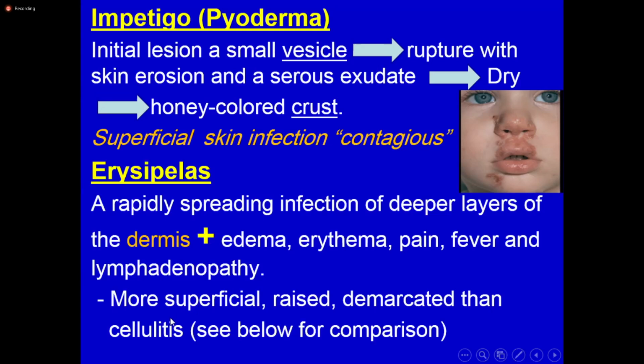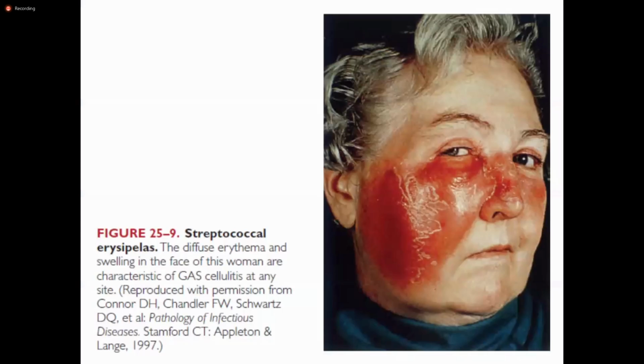The area becomes more superficial gradually, raised, demarcated, than cellulitis. There is another condition called cellulitis, and we will see the difference between erysipelas and cellulitis in a moment. So it is infection of the dermis, remember, with edema, erythema, pain, fever, lymphadenopathy.